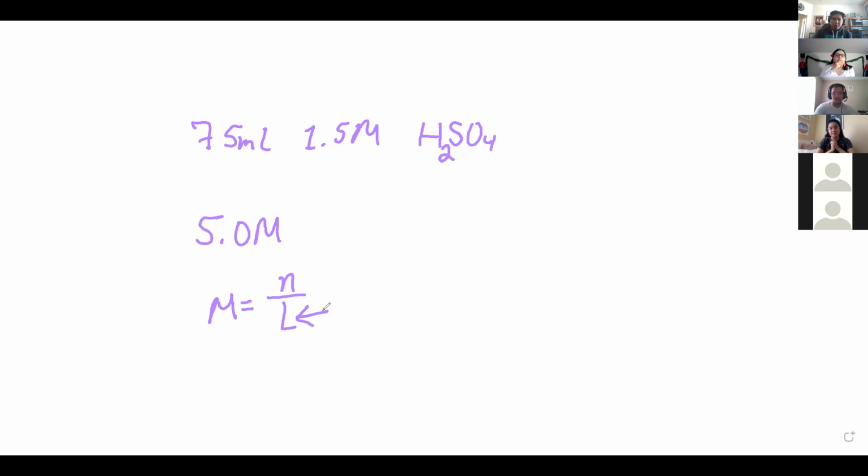So if we have 5.0 molar, what can we say about the moles per liter in the solution? If we know that the big M stands for moles per liter, can we rewrite the 5 molar in moles per liter?